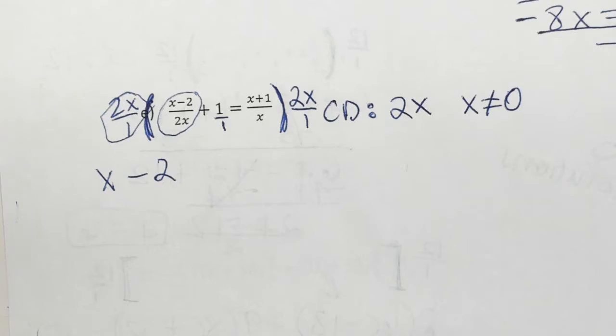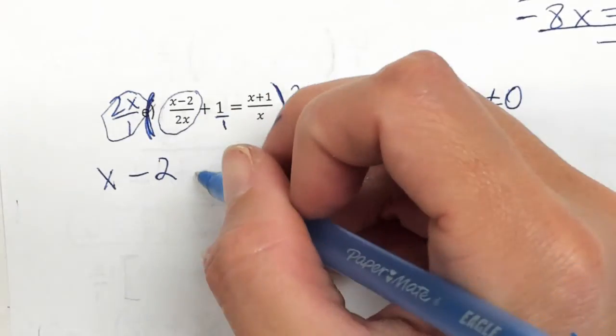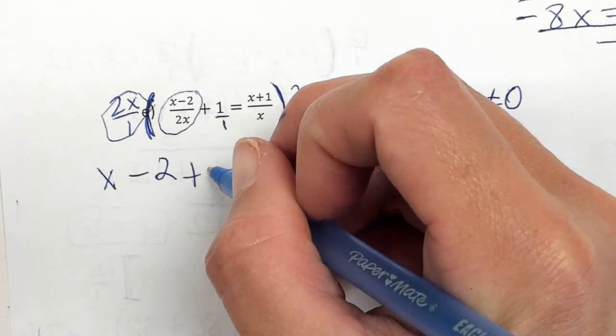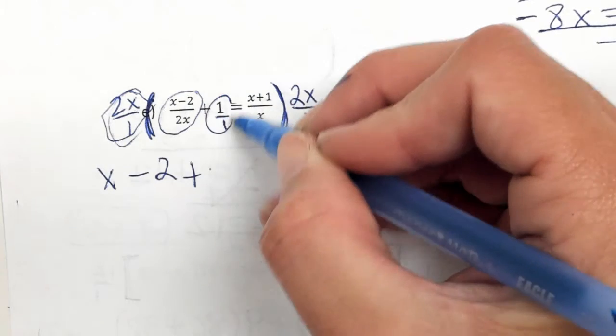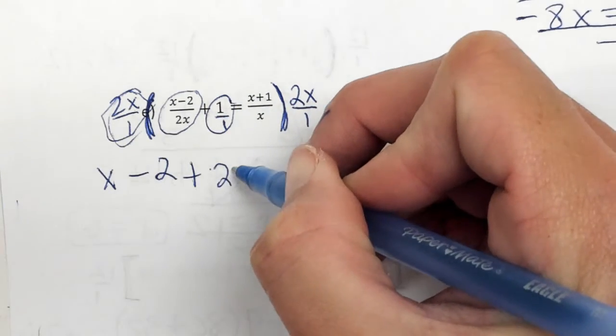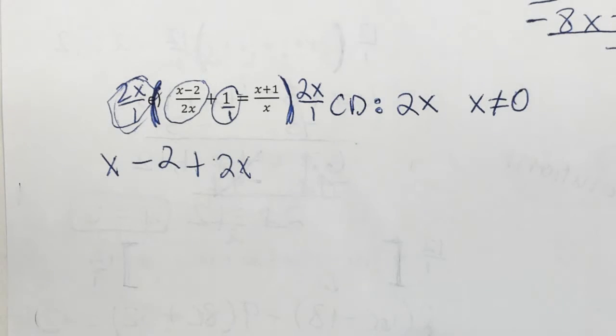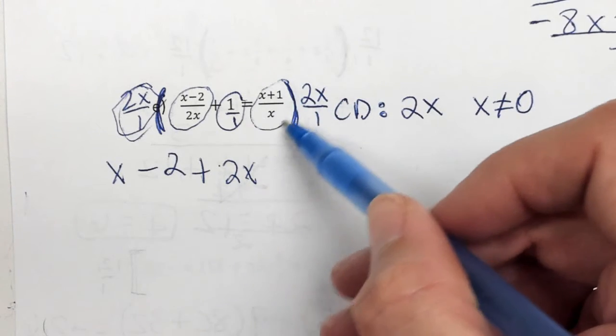Alright, Colby, if you'll tell me what this term would be, the plus 1 times this. You're multiplying, not adding. So what would 2x times 1 be? Yeah, just 2x, just itself. And then, Corbin, if you will tell me what 2x times this term would give me.